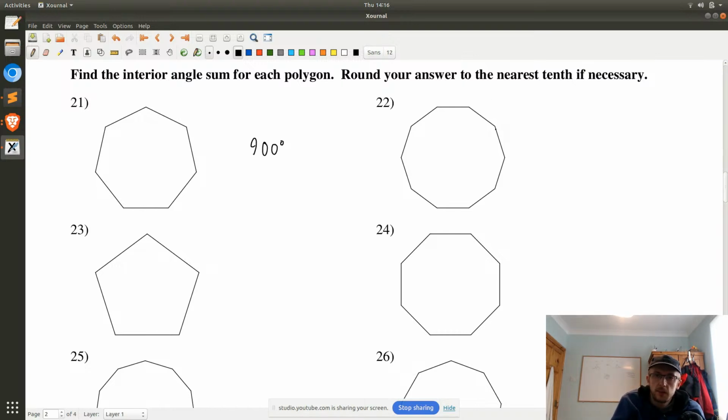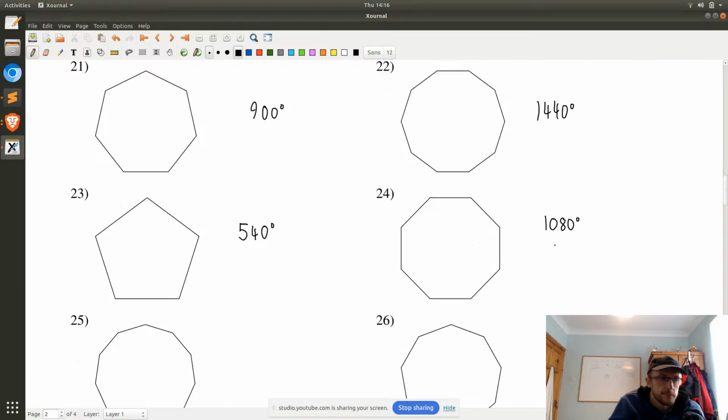For this here, which is a decagon, that would be 8 times 180, which is 1440. 3 times 180. 6 times 180. And check. And that's correct.